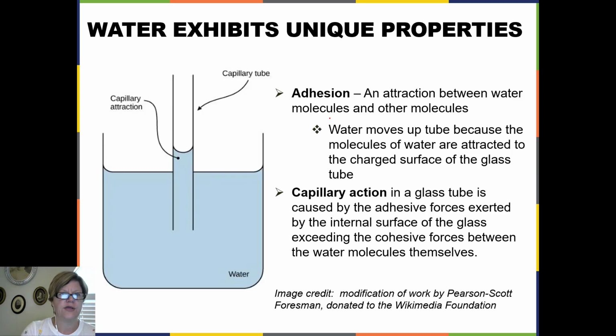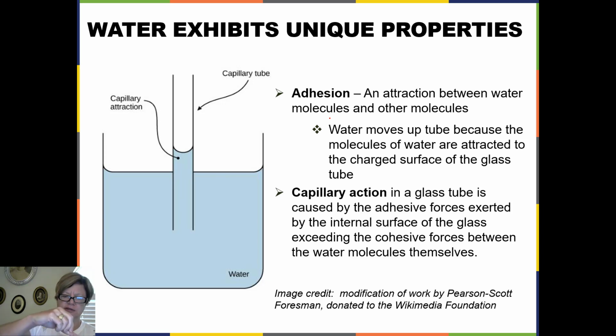Now, adhesion, cohesion and adhesion. Adhesion is the tendency for water to stick to something else other than water. And so adhesion is why water will crawl up a capillary tube.